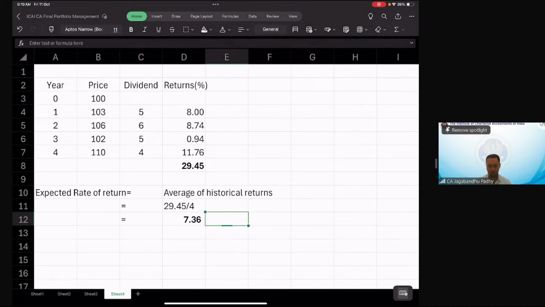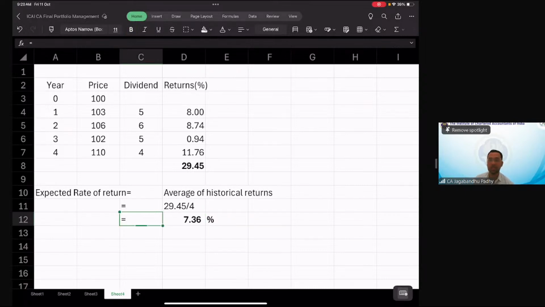Of course, it's a percentage. 7.36% is the expected rate of return. So in case of historical data, it's going to be simply the average of the historical returns.